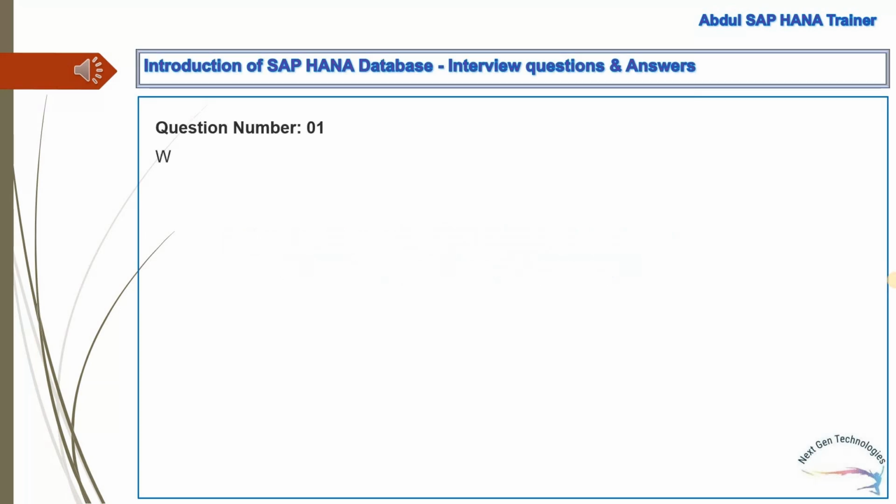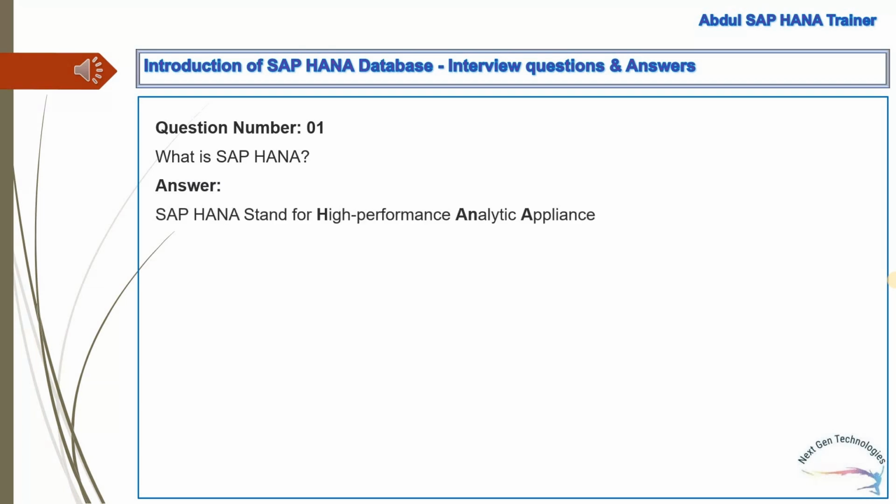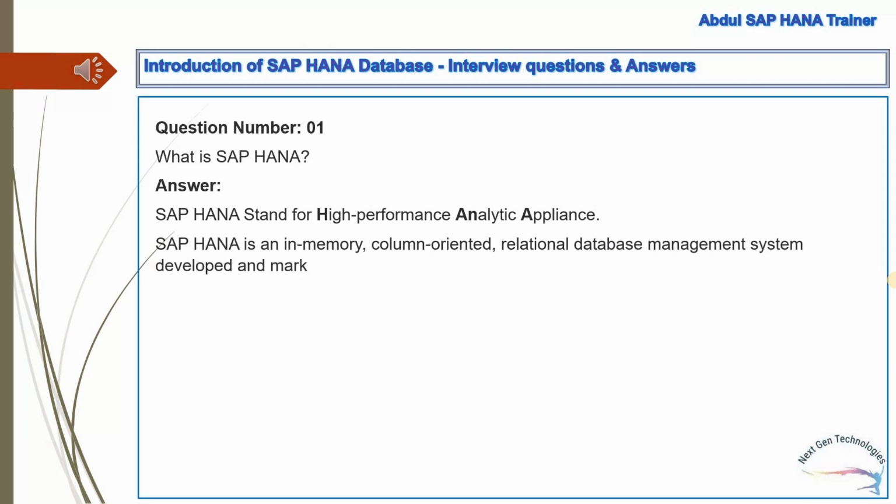Question number 1. What is SAP HANA? Answer. SAP HANA stands for High Performance Analytic Appliance. SAP HANA is an in-memory, column-oriented, relational database management system developed and marketed by SAP.